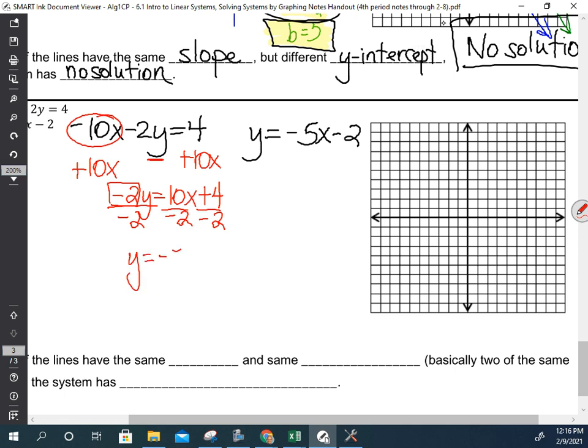So y equals negative 5x minus 2. That means your slope is negative 5, and your y-intercept is negative 2. Go to the y-axis, put your dot on negative 2, and then go down 5 to the right 1.